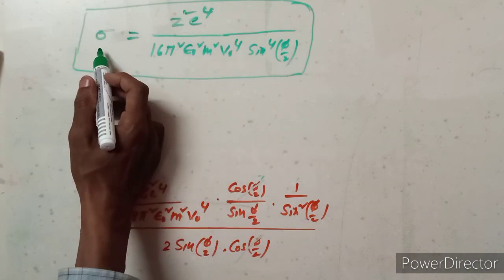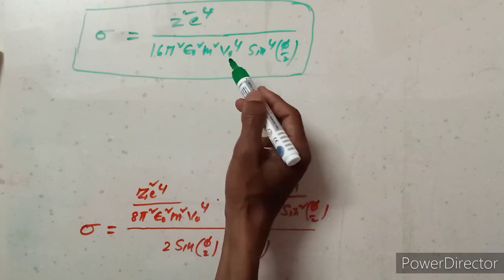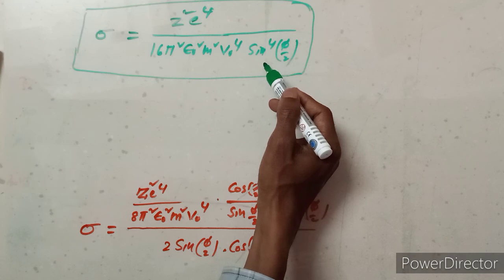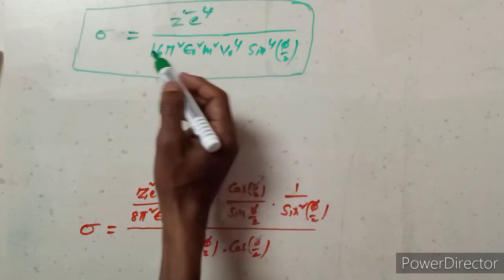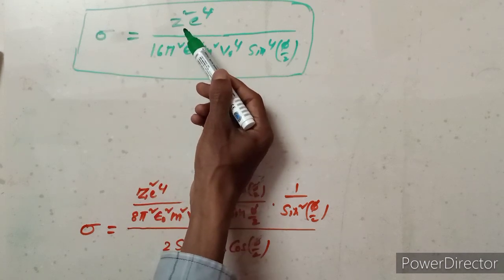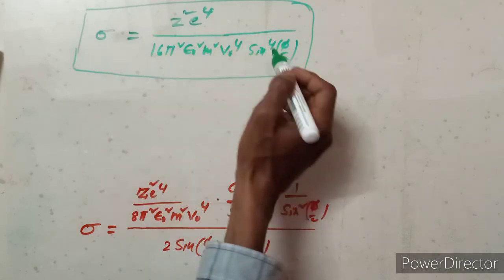So the scattering cross section is inversely proportional to mass, inversely proportional to velocity, and inversely proportional to sin to the power of 4 of phi by 2. Sigma is directly proportional to charge. This is the scattering cross section.